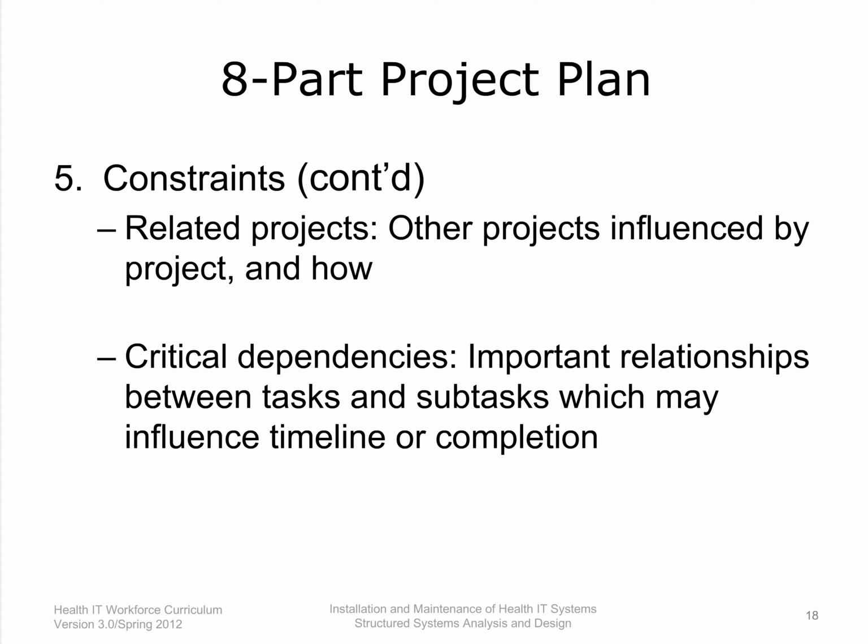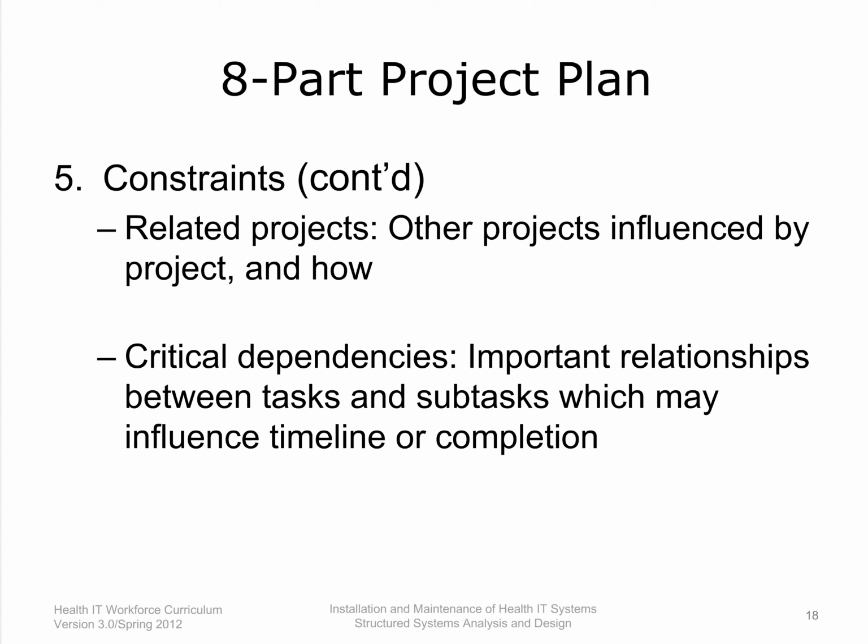Critical dependencies. Likewise, it is also essential that the critical dependencies between related tasks and subtasks, whether internal or external to the project, be understood to ensure that tasks are sequenced correctly so you can maximize efficiency, and so that the project can run smoothly, minimizing unwanted downtime.